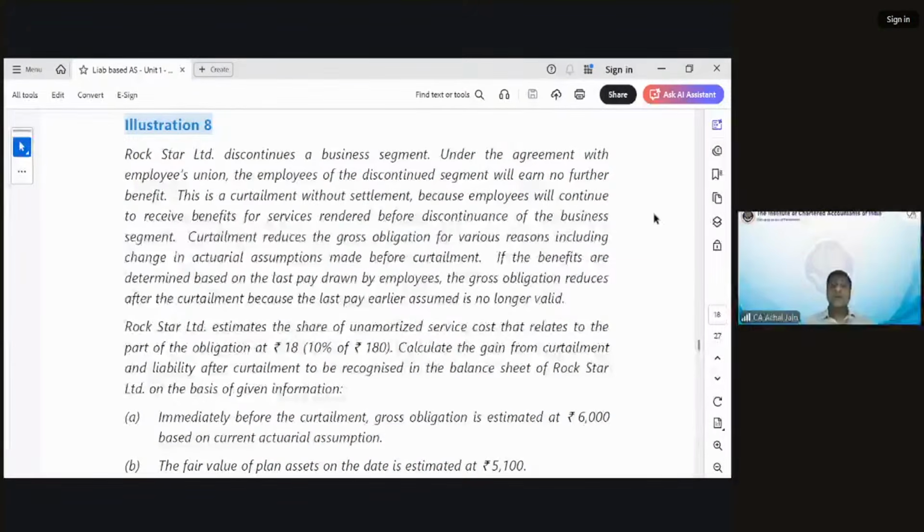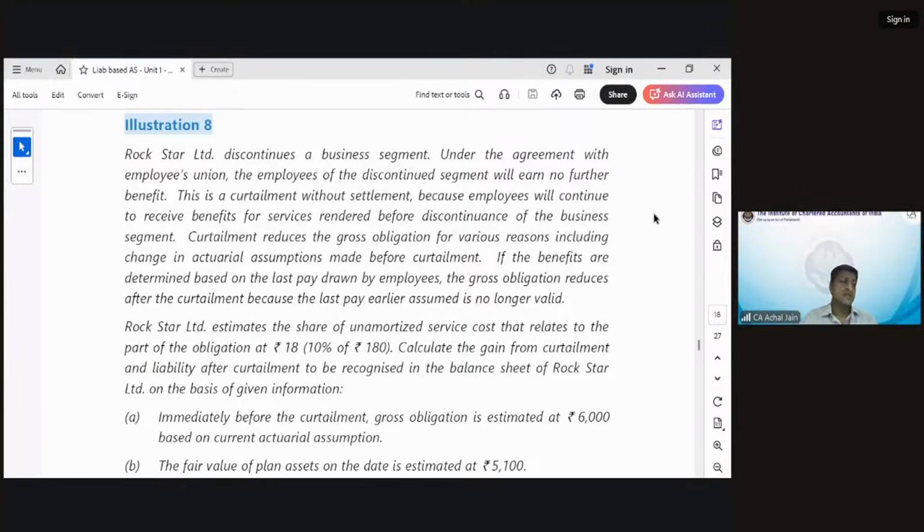Curtailment reduces the gross obligation for various reasons, including the changes in actuarial assumptions made before curtailment. If the benefits are determined based on the last pay drawn by the employees, gross obligation reduces after the curtailment because the last pay earlier assumed is no longer valid.